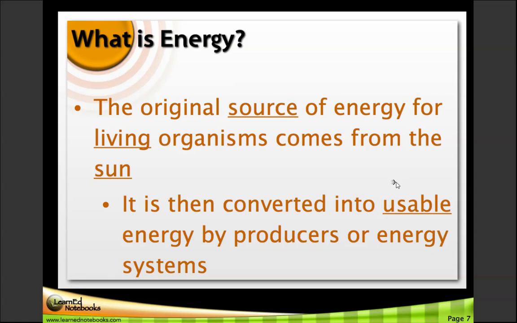So the way that plants convert the sun's energy into usable energy is in a process called photosynthesis. Other energy systems can use the sun to heat water into steam or to actually convert the radiant energy directly into electricity.